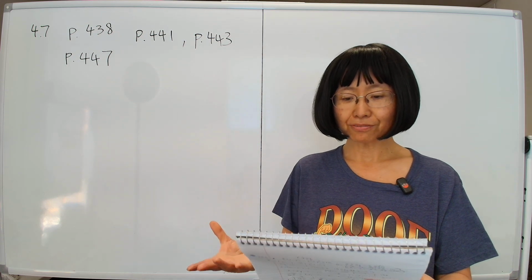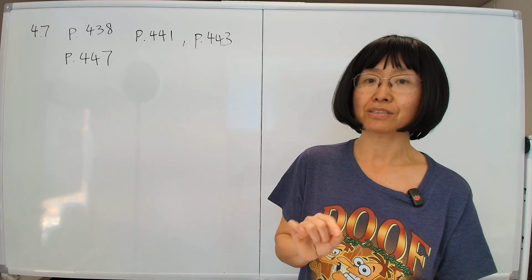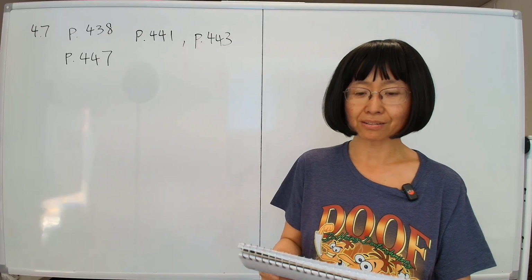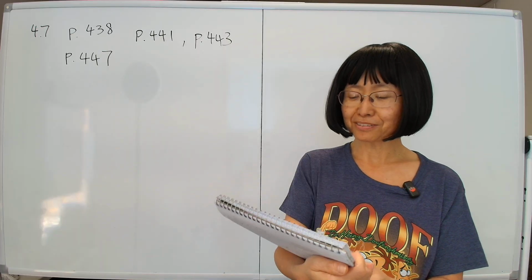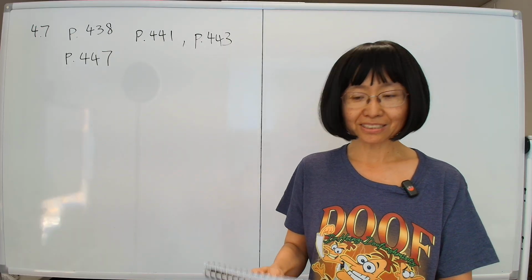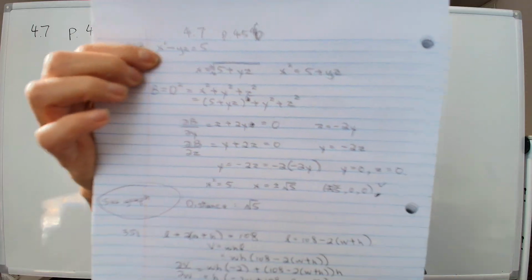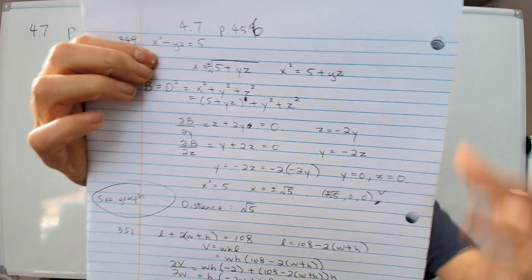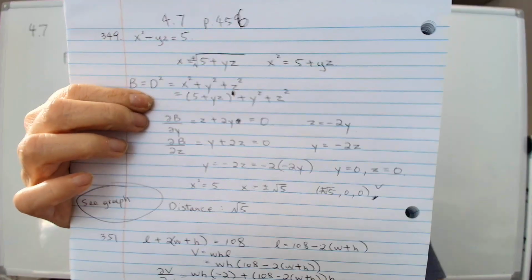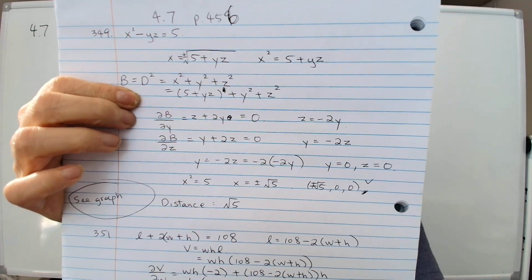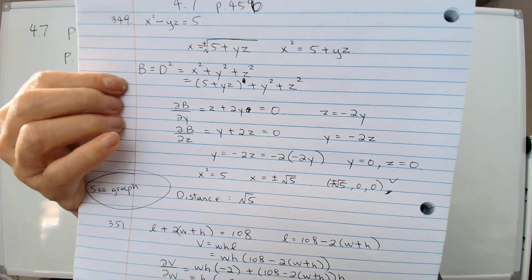This surface, then the distance from any point to the origin, of course, you calculate it by the Pythagoras theorem. So eventually I realized all you have to do is rewrite the equation of the surface where you have x squared equals 5 plus yz, which is over here. Now once you've done that, you set the distance squared, which is x squared plus y squared plus z squared, and we'll call it b.